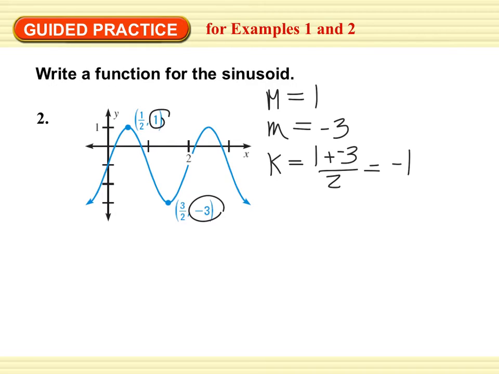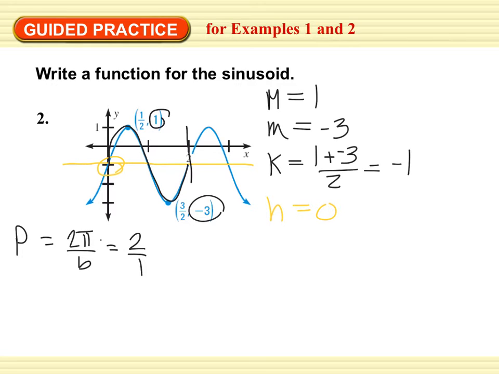It looks like if I draw that line, right there is where I start, so my horizontal shift is 0. If I start here and I go to there, it looks like my period is 2, so period is calculated by 2 pi over b, and in this case it's 2. So let's go ahead and solve for b. 2 pi equals 2b. Divide both sides by 2. B is pi.